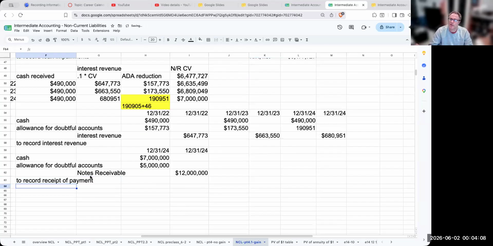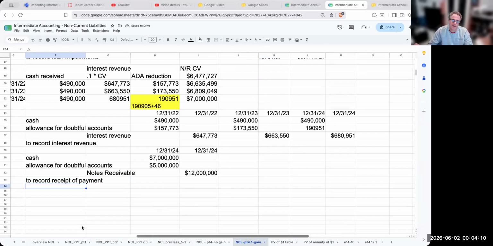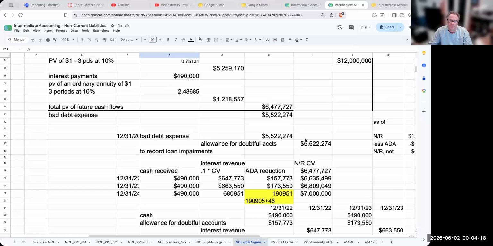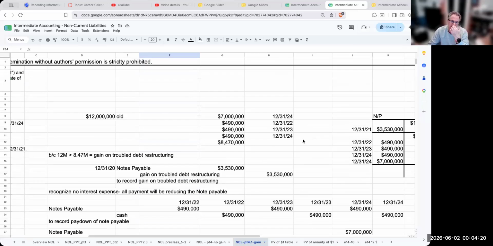So again, as I mentioned before, if I do go through and give this to you on an exam, if you're taking my class, I will be giving this as an extra credit component question. But again, the key thing here is if you've got troubled debt restructuring, there's no more interest expense. It's all reducing the principal. If there is in fact a gain, and this is going on the straight up, you're comparing absolute dollars to the amount that was owed.